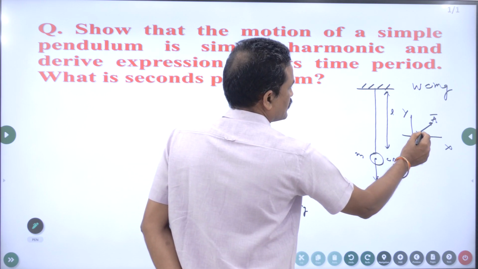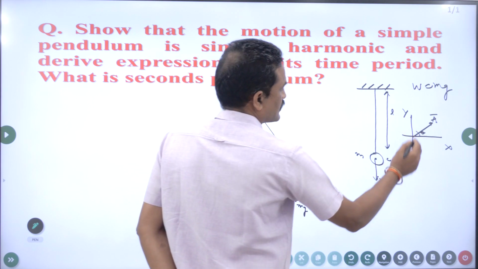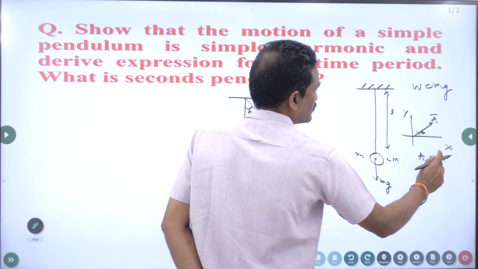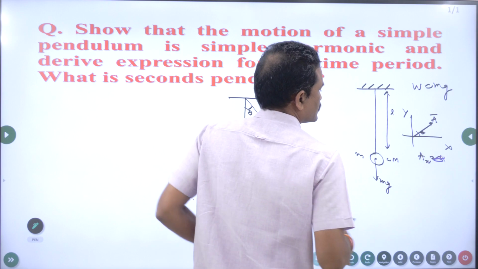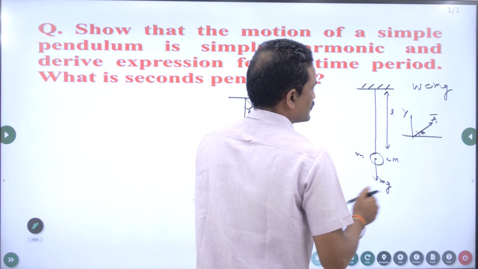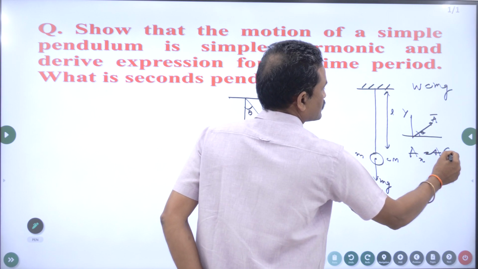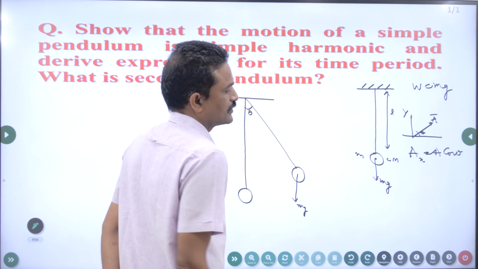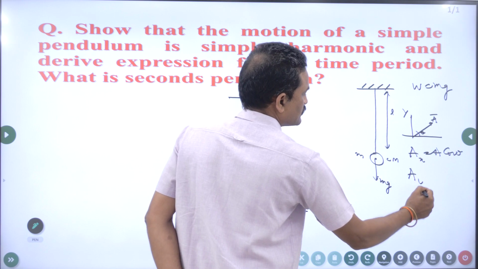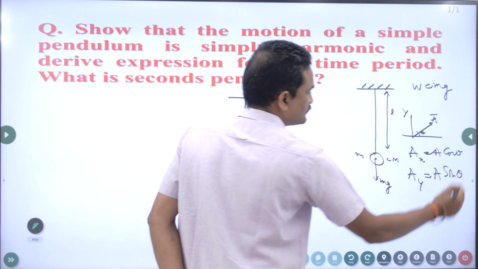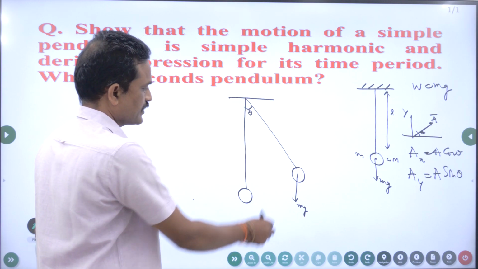So the side with theta is called horizontal component, and horizontal component is a cos theta, and vertical component is a sin theta. This you should know. So mg is the vector.